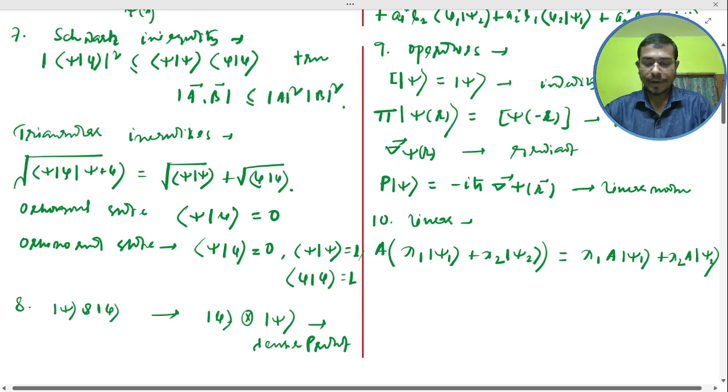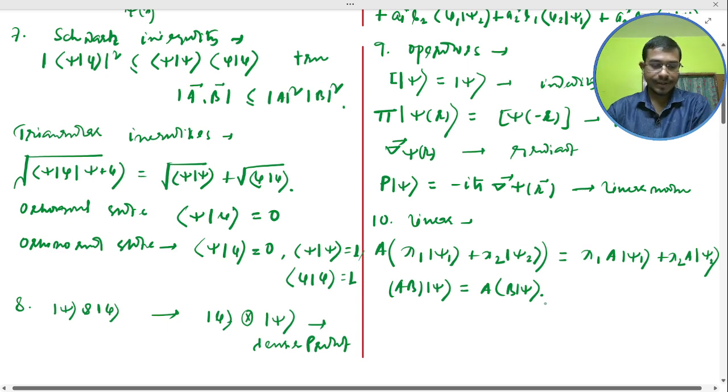The product of two linear operators A and B, written AB, is defined as AB acting on psi, which would become A acting on B acting on psi. This is the definition of linear operator.